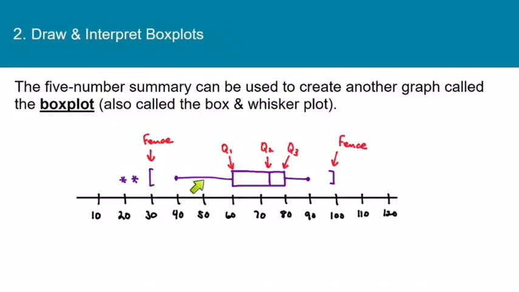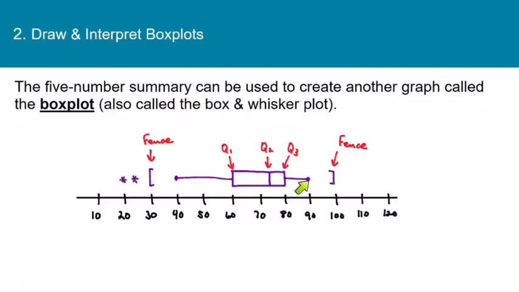And these are the whiskers. So the left whisker extends from Q1 down to the smallest value that's still inside the fence. And the right whisker extends from Q3 up to the largest value that's still inside the fence. And then if there are any outliers, remember they will be outside the fences, and any outliers in the data set are denoted by an asterisk.